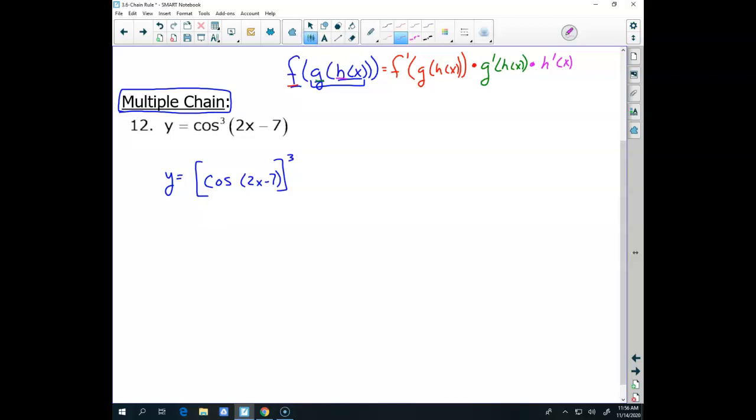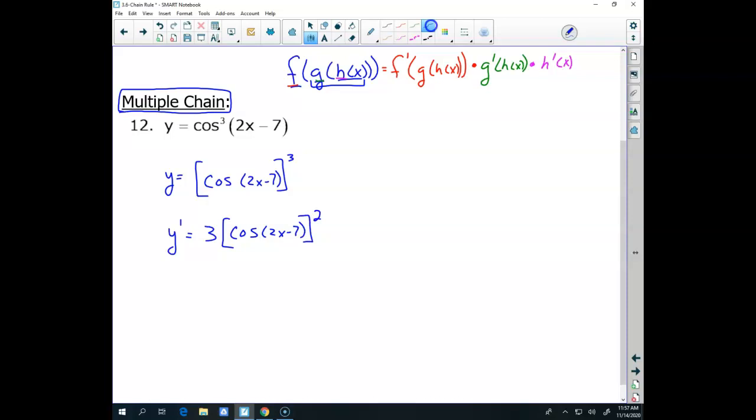So basically, my y prime, I'm going to try to color code this, and I'm going to go blue because I'm starting blue. So y prime is going to equal 3 cosine 2x minus 7, and then I'm going to drop the power. There, I just took the derivative of the outermost function.